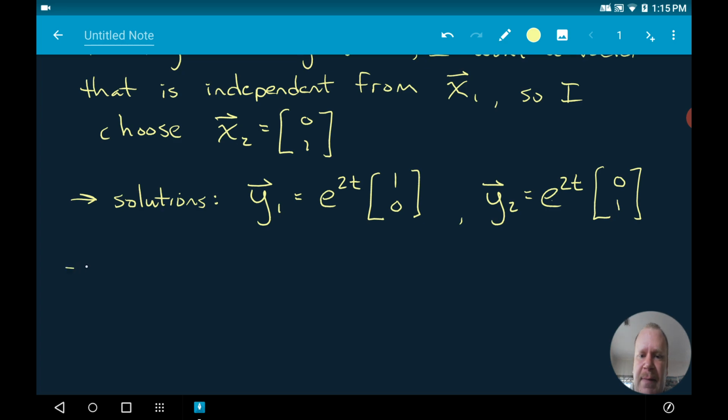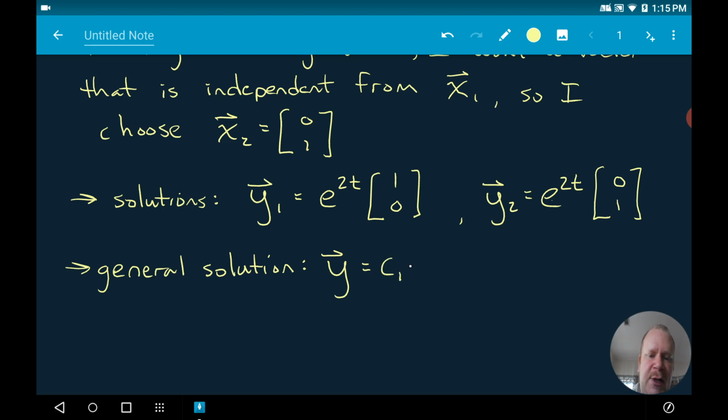What this means is that my general solution, y vector, is equal to c1 e to the 2t times 1, 0, plus c2 e to the 2t times 0, 1.